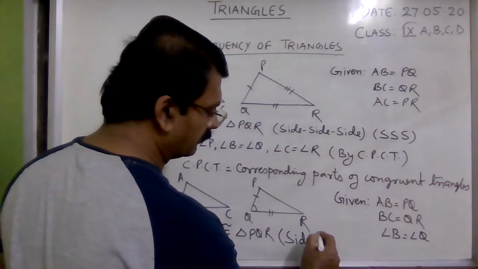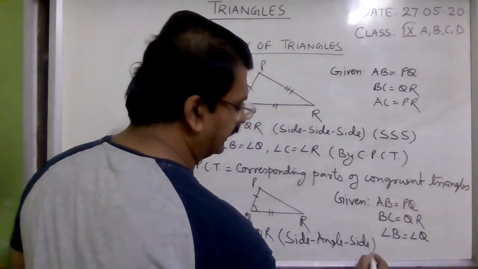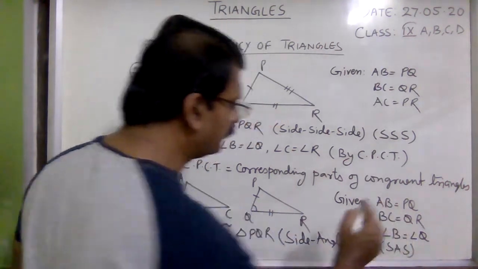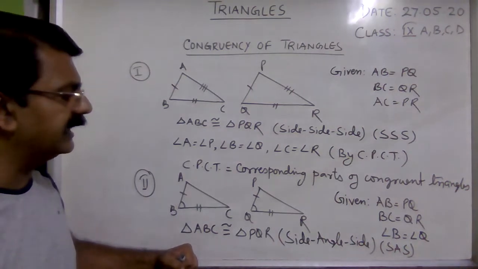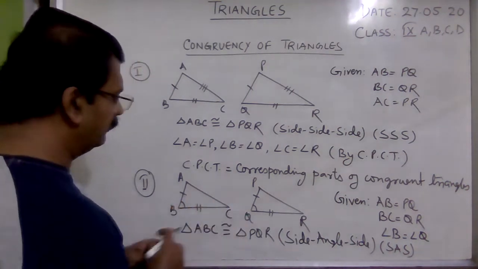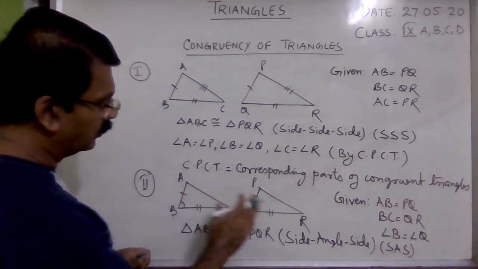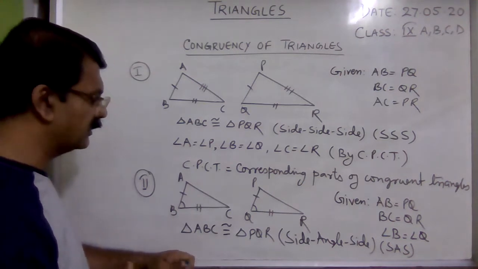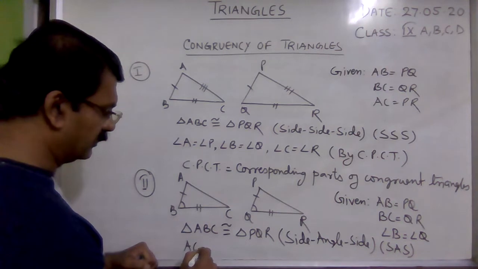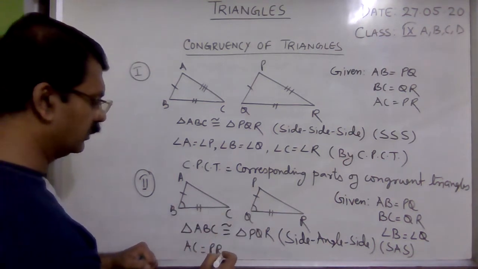Side angle side criteria, in short we write it as SAS. Clear? And once it is given that these two triangles are congruent, now we can say that AC is equal to PR, means the third side is also equal.